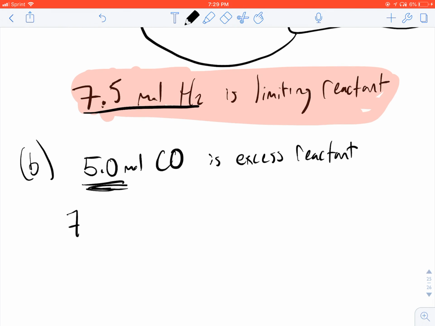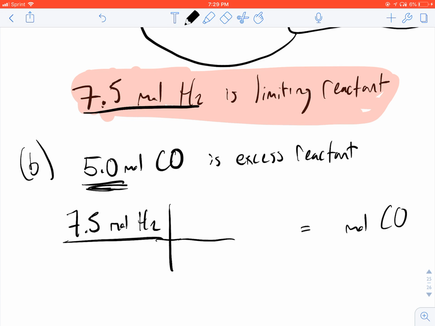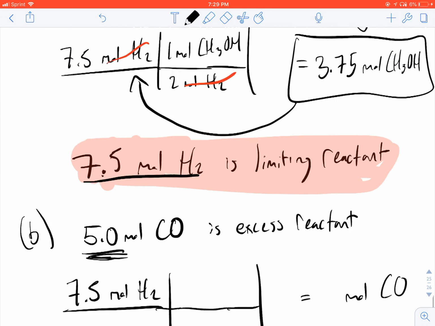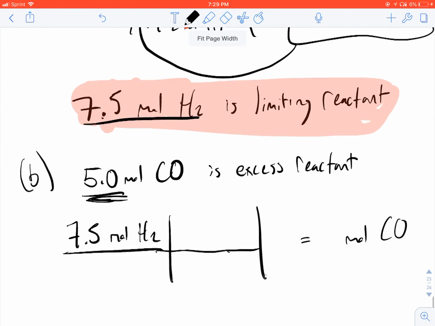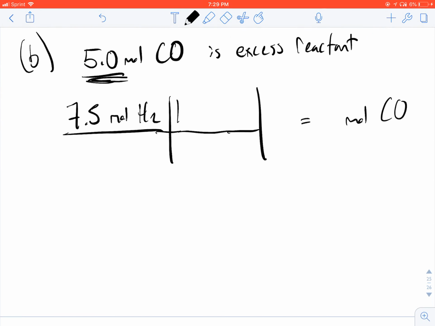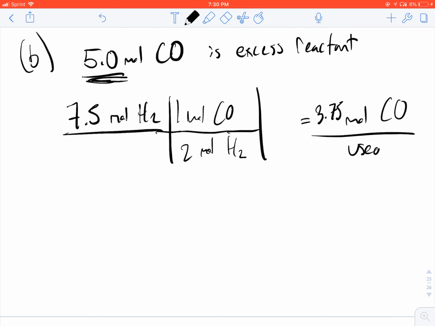So using our limiting reactant, we figure out how many moles of carbon monoxide we used. We're going to do that by using a nice mole ratio. That's going to be 1 to 2. So 1 mole of carbon monoxide for 2 moles of H2. And we should get 3.75. So this is how much we used.